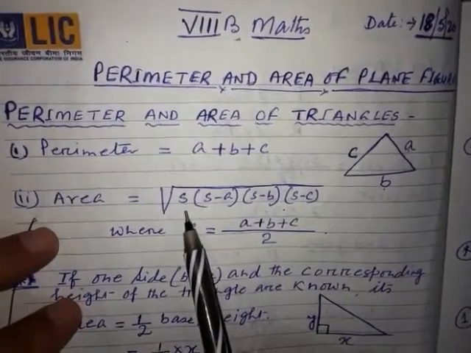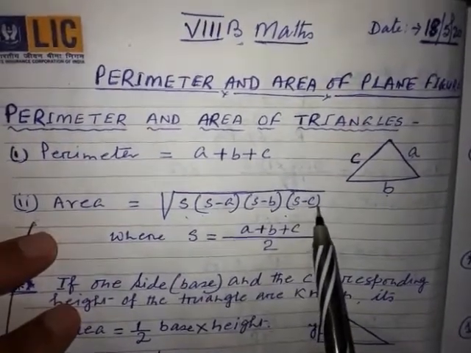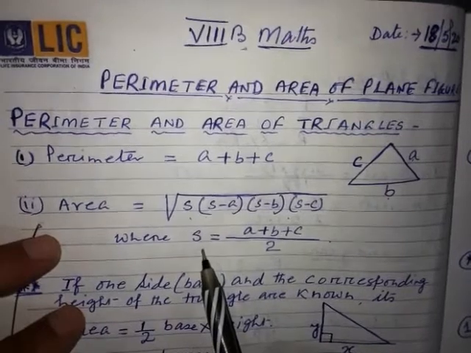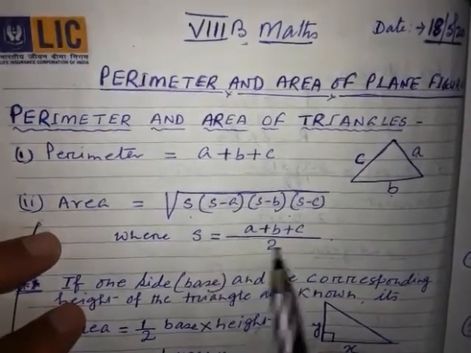Now what is S? S is equal to half of the perimeter.